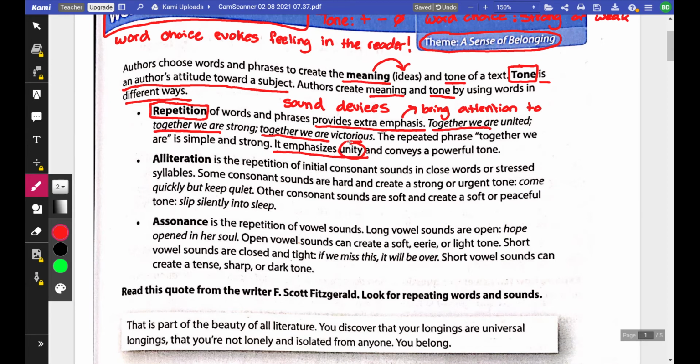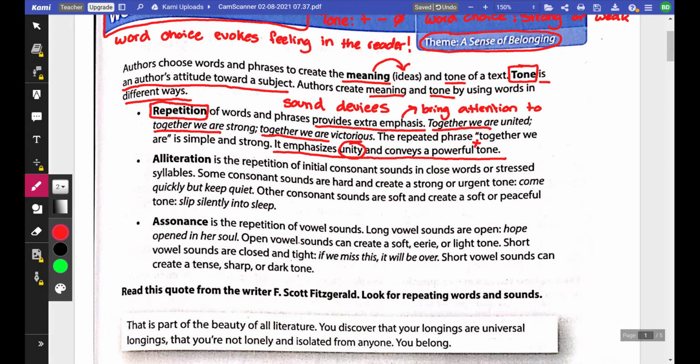This is our key word, unity, and conveys a powerful tone. So, the idea the author's trying to get across is a feeling of unity. They want us to understand that they are united. I mean, we know that because he keeps repeating, together we are. So if you are together, it's you plus others, right? You are not alone. So it's emphasizing unity and it conveys a powerful tone. And we know that word powerful has very strong connotation.